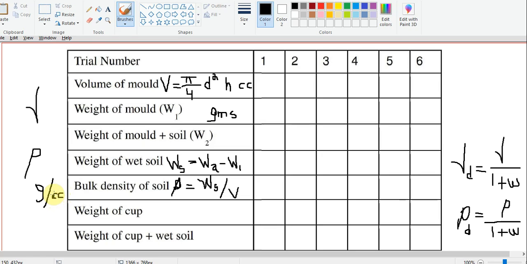So bulk density and dry density will be in terms of gram per centimeter cube. So this is a standard compaction test. You will understand this much better when we are solving numerical problem. So this is my standard compaction test.